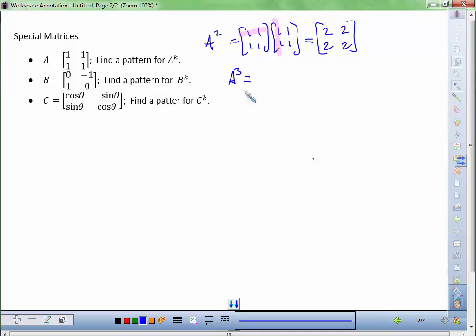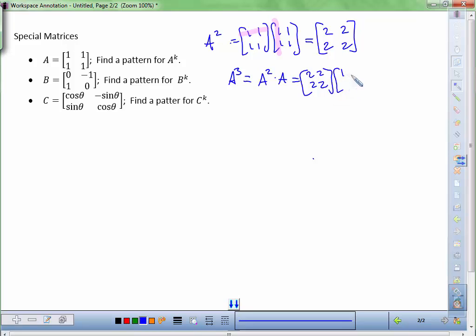So A cubed is A times A times A, and we didn't talk about the associative property of matrices, but matrices are associative, and so we can say this is the same thing as A squared times A. So A squared is 2, 2, 2, 2.